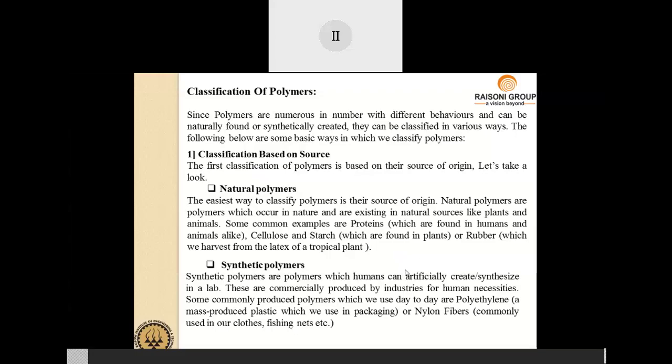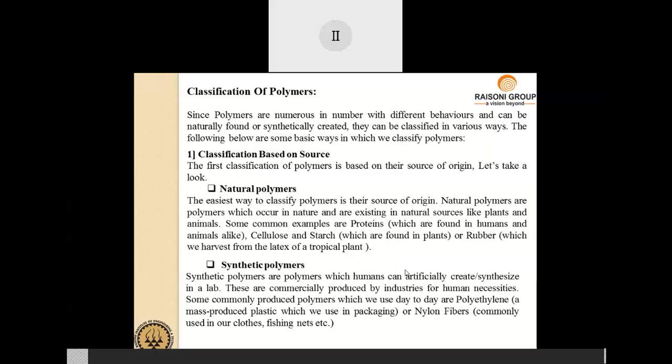Then synthetic polymers are polymers which humans can artificially create, synthesize in different laboratories. They are commercially produced by industries as per our requirements and necessities. So synthetic polymers are artificially created by different industries for human necessities.